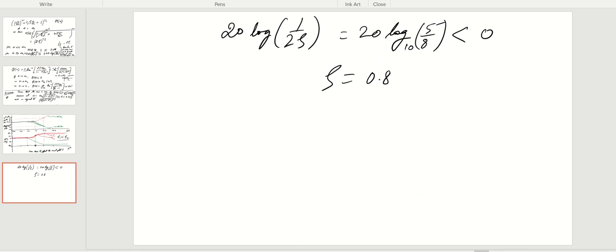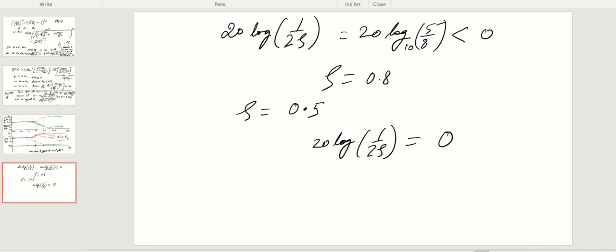So let us say we choose zeta is equal to 0.5. Then 20 log of 1 by 2 zeta is equal to 0. So then it matches with the corner frequency exactly.